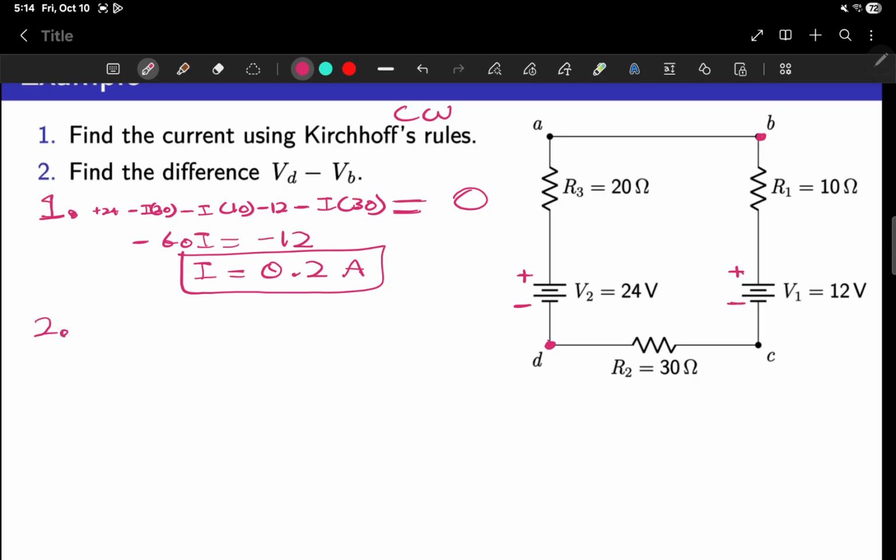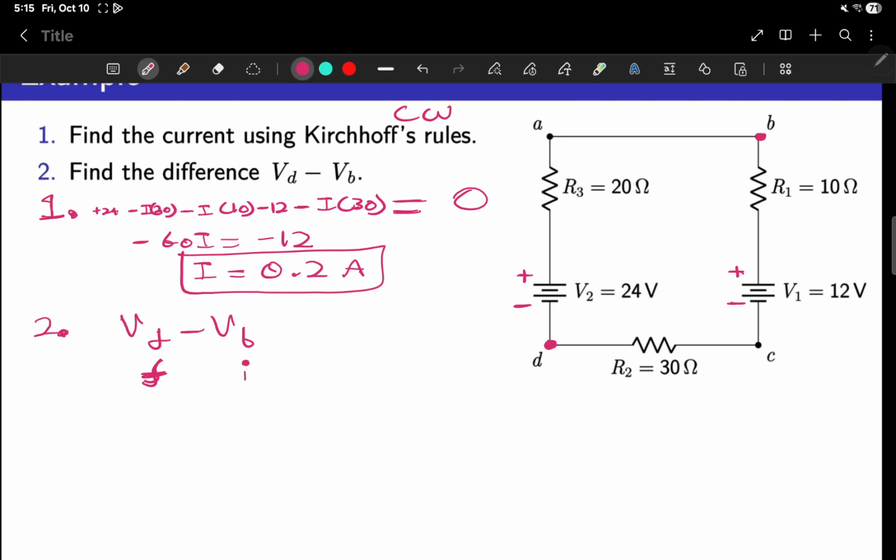Now for part 2, we're trying to find the difference in potential between point D, this guy, and point B. To do that, the first thing we have to understand is that this equation, or difference in potential, they've given us tells us that point D is the final position and point B is the initial position.